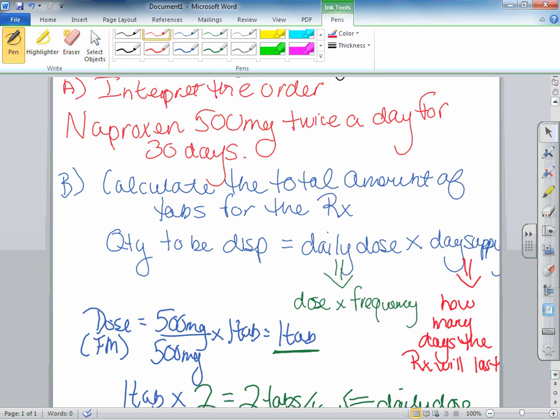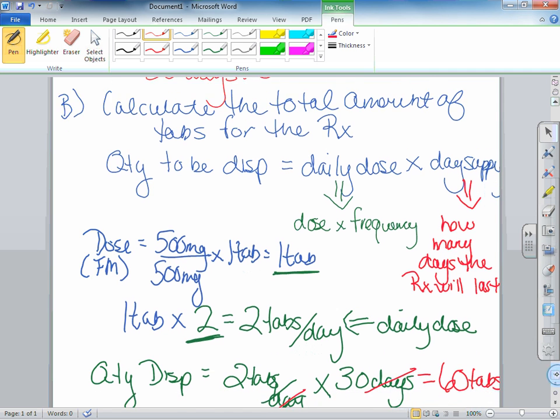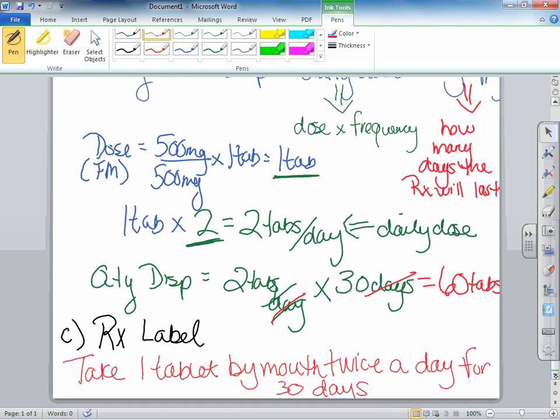You want to minimize the amount of questions that they're going to ask when they pick up their prescription. So one of the questions may be, well, how am I supposed to take the medication? Well, if you have on their label by mouth, that's a question they would not ask you. So, I'm going to repeat myself, on the prescription label, you have to follow the format that I've given you regardless of what is on the order.